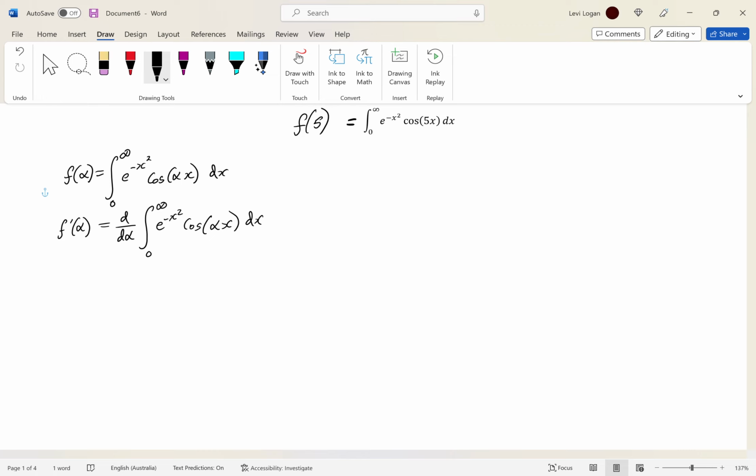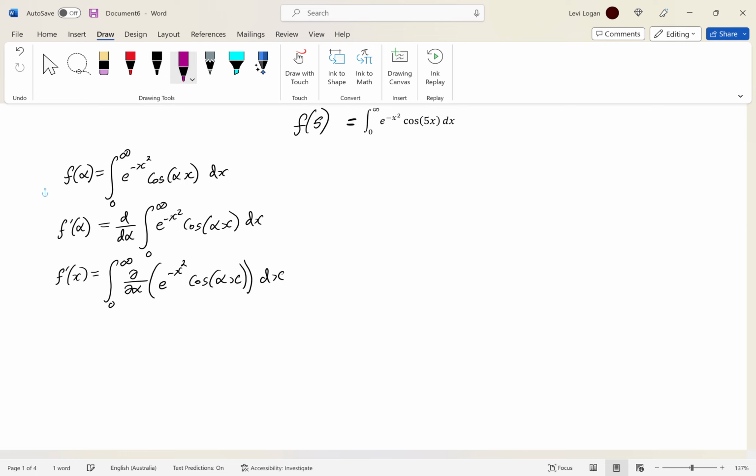So f dash of alpha is equal to the integral from 0 to infinity of the partial derivative with respect to alpha of e to the negative x squared cos of alpha x dx.